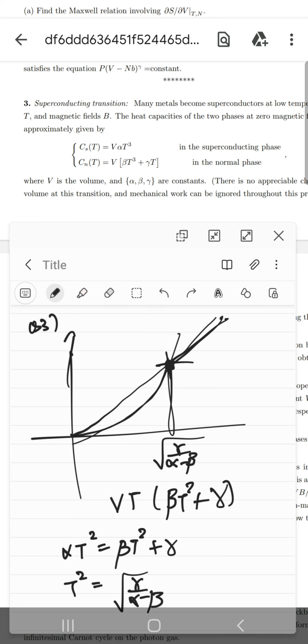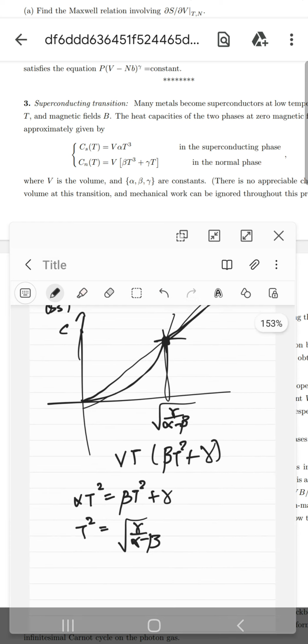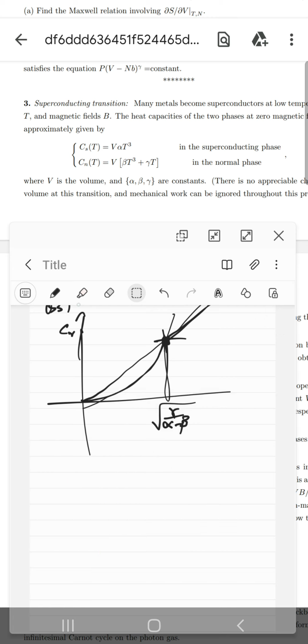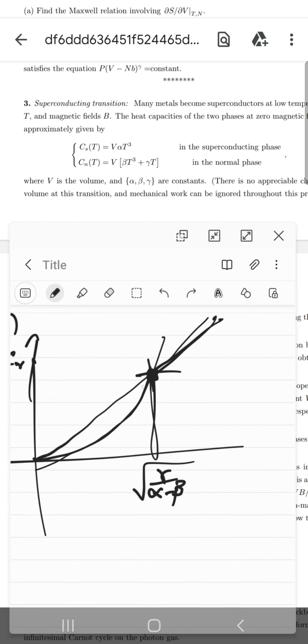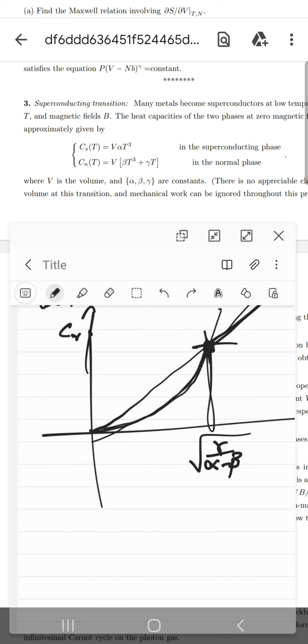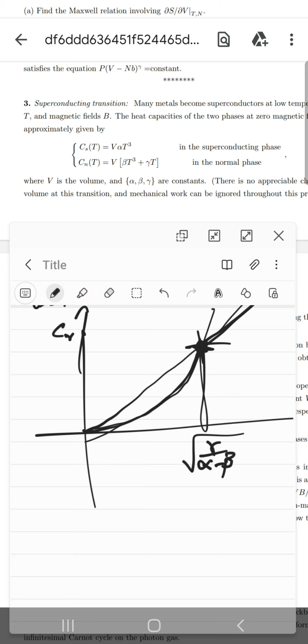Actually no, this was a graph for the specific heat at constant volume, right? So now I just know that after this it's going to be normal conduction, but before that it's a superconductor. So what I need to do is figure out the entropy at this particular point.